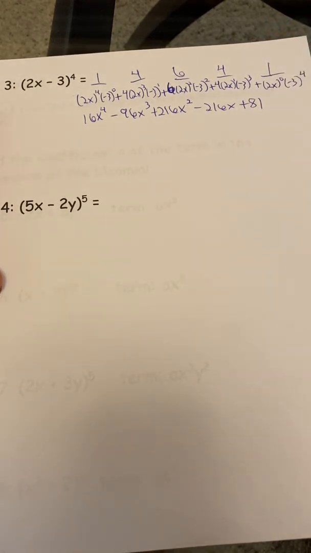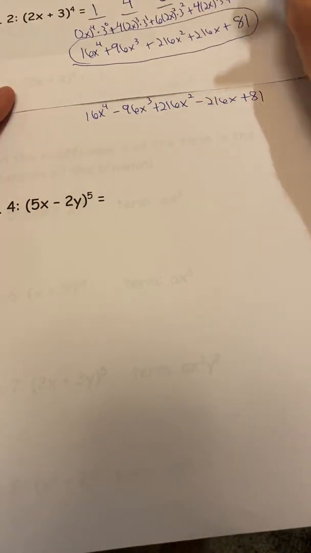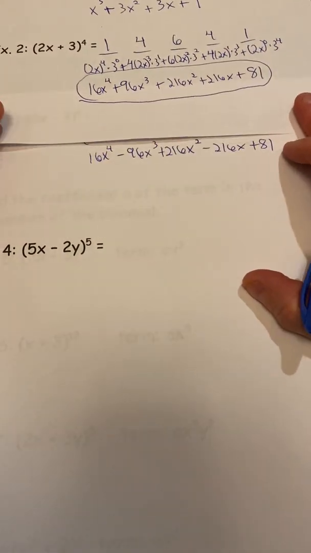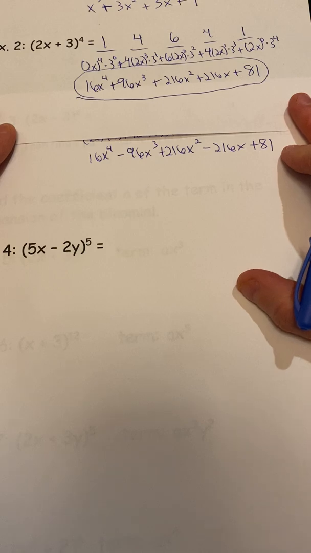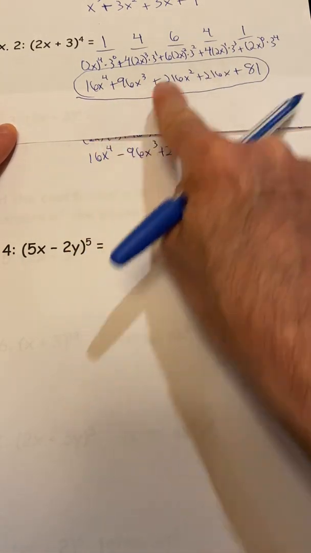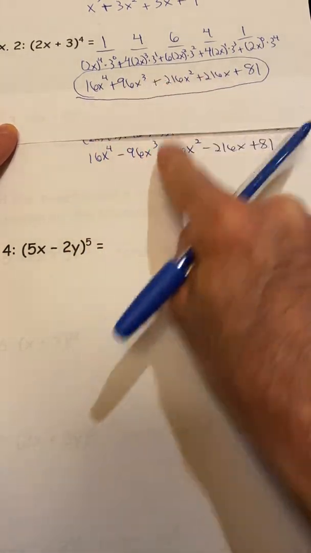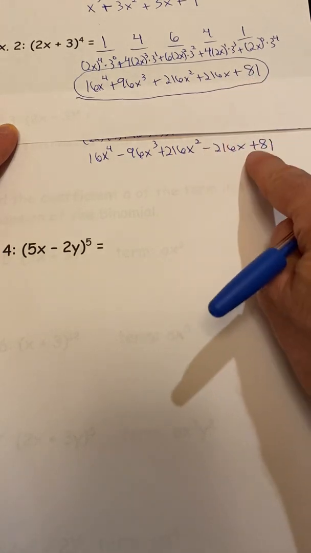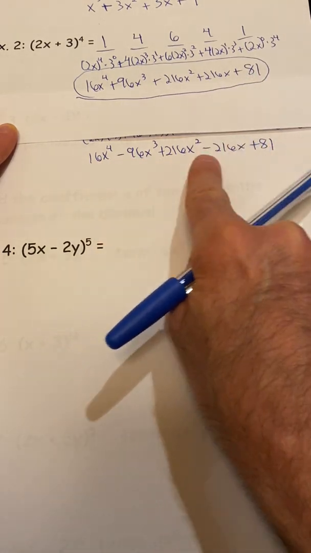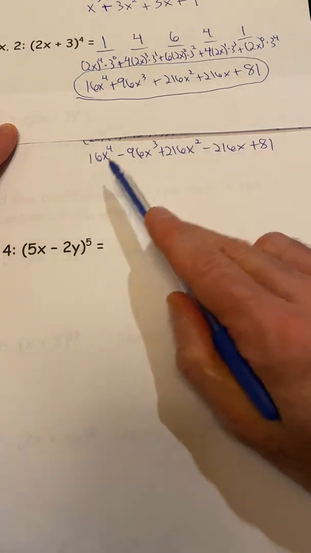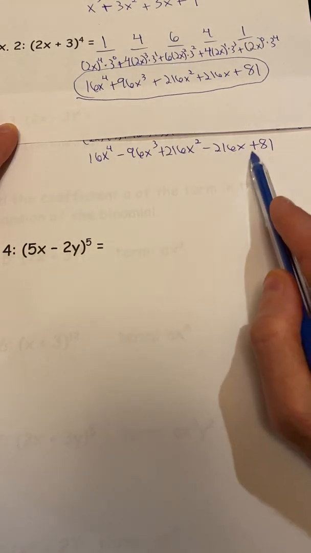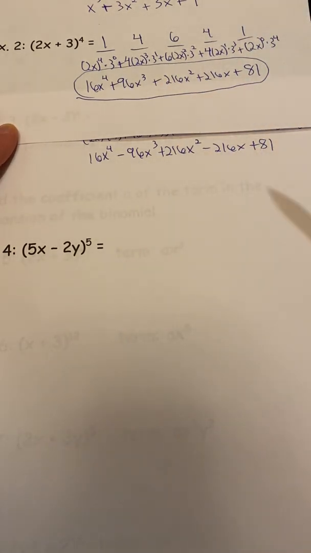So again, the only change from example 2 is plus minus. Again, the plus stays, plus minus plus. So these signs will alternate if it's minus: positive, negative, positive, negative, positive. If it's 2x plus 3, everything's going to be positive.